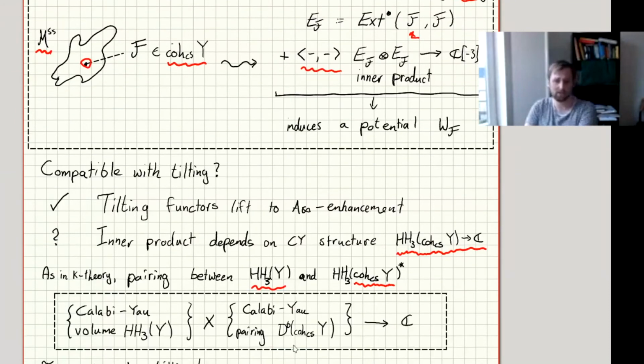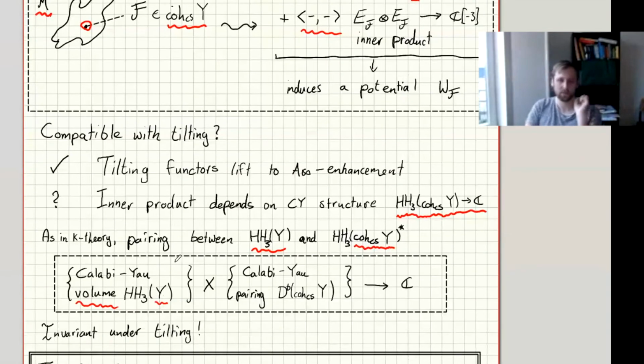And this gives us a pairing between these Calabi-Yau structures, so these inner product pairings, and volume forms on Y. So some choice of section of the canonical bundle on Y. And keeping track of this inner product, which is a bit of a headache, can then be done more easily by checking that the tilting functors preserve this Calabi-Yau volume form.